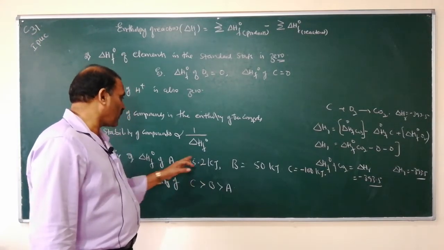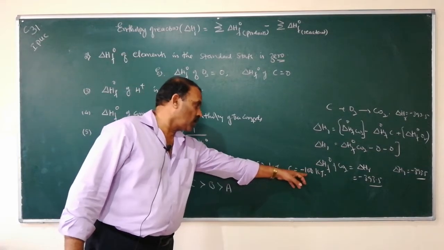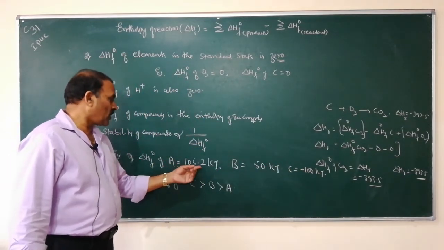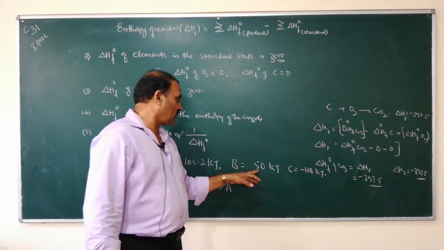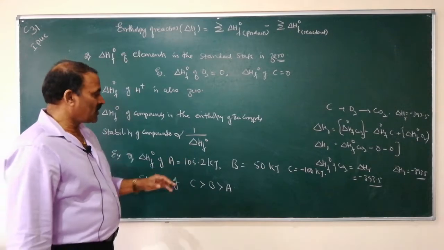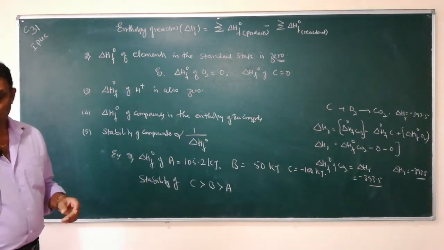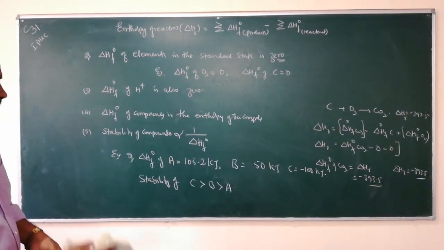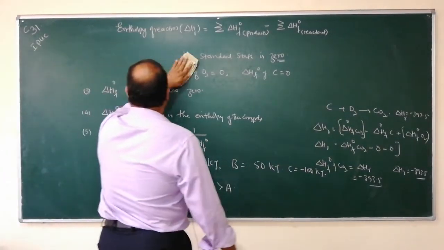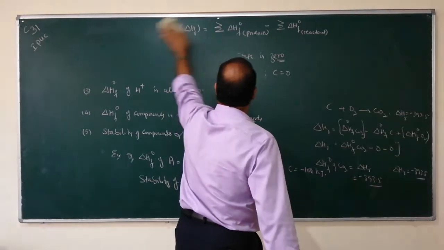If the enthalpy of formation of the compound is low, its stability is high. So 105.2 is greater than 50, which is greater than minus 100 kilojoules. Therefore, stability is inversely proportional to enthalpy of formation. The meaning is like that.